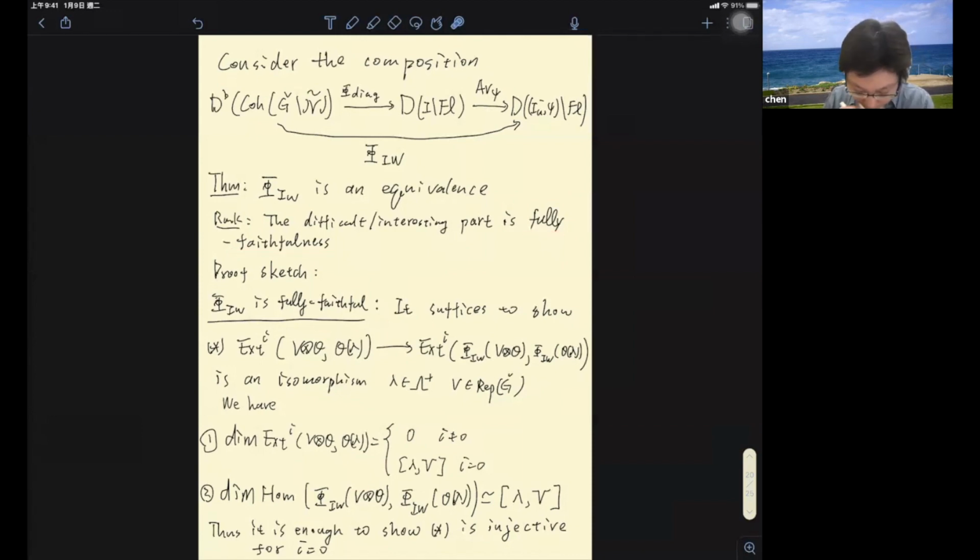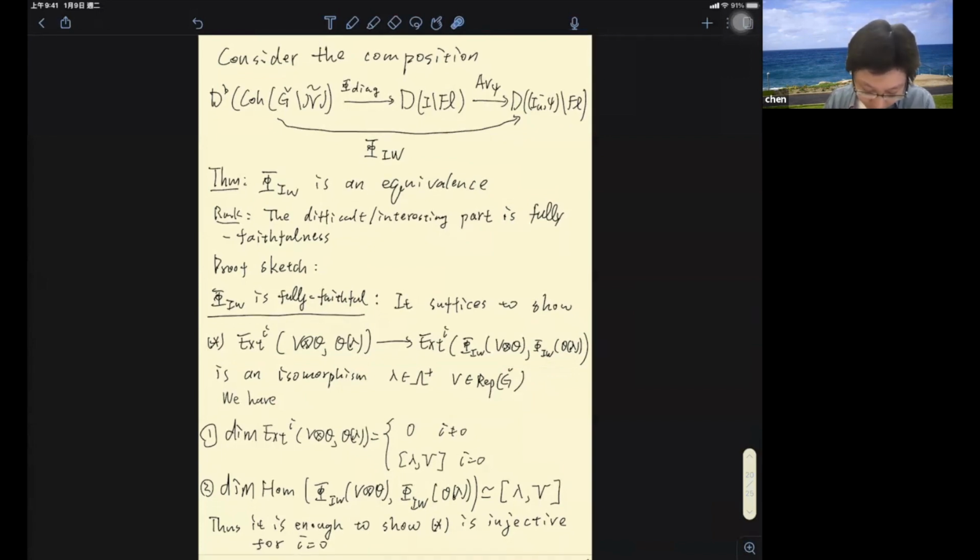So here's the sketch of the proof. This category admits some nice generators, like the line bundles or this kind of free object. Therefore, to check fully faithfulness, it suffices to check that the induced map on extension groups is an isomorphism. You can check this on those generators. First, the extension group on the left is concentrated in degree zero: if i is non-zero, then this is 0.